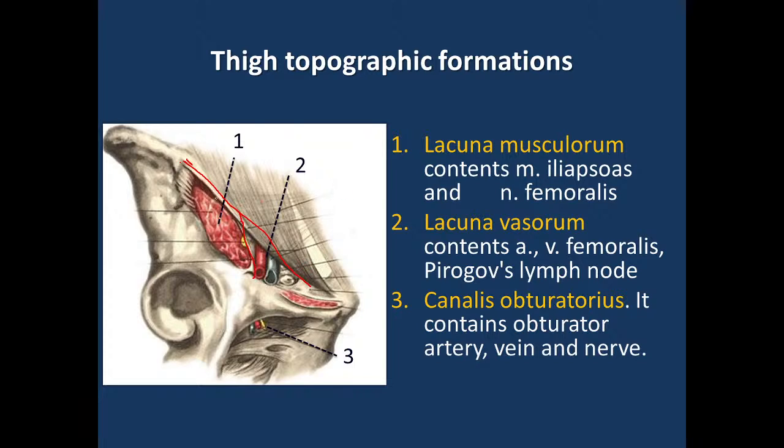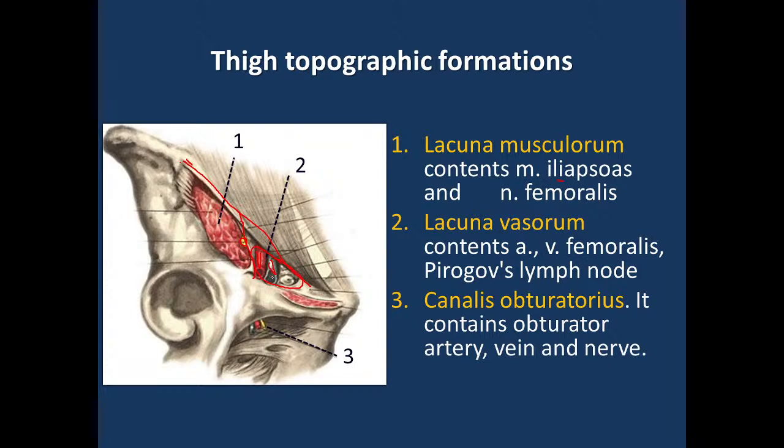Lacuna musculorum, located laterally, contains the iliopsoas and the femoral nerve here, and lacuna vasorum contains the two large blood vessels. This is the femoral artery and femoral vein.